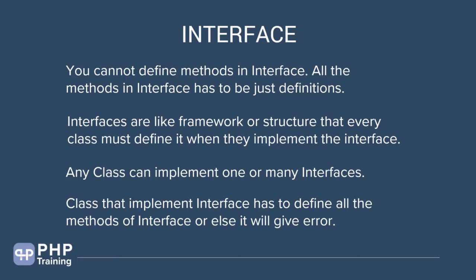Let's say you want to put a guideline for all your developers, whoever is going to write this class: please make sure you implement all these methods, the method names have to be like this, these are the input parameters and this should be the output. But what you write inside the method is up to the developer. From an architecture point of view, you just want to release the interfaces and tell all the developers to please follow my interfaces and implement the code.